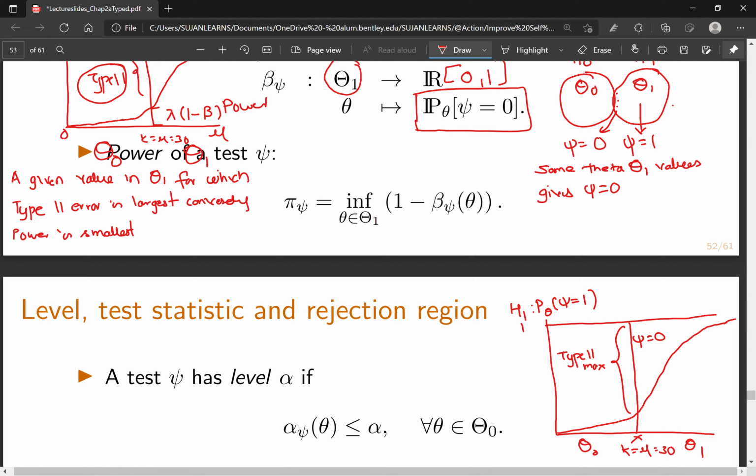In the same way, let's look at all the thetas that belong to theta naught, and we are looking at those points that have the max probability of giving 1.